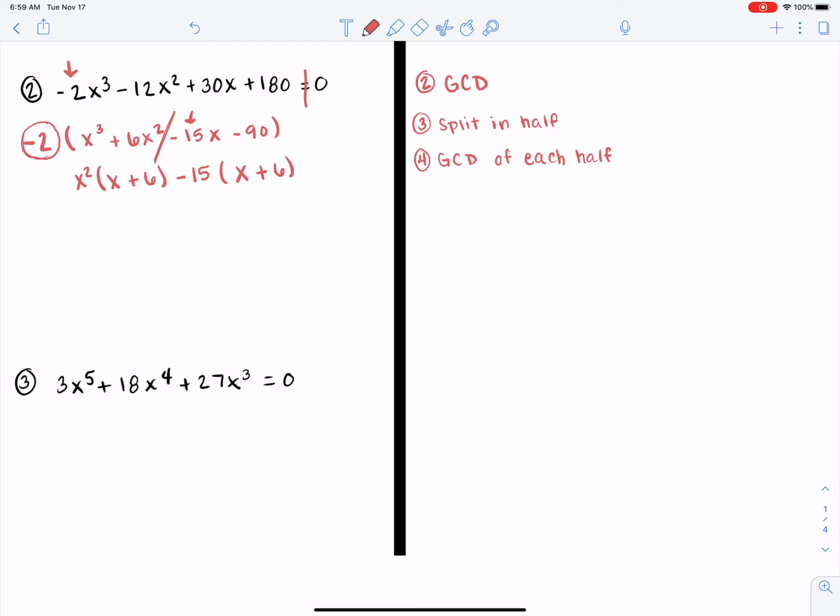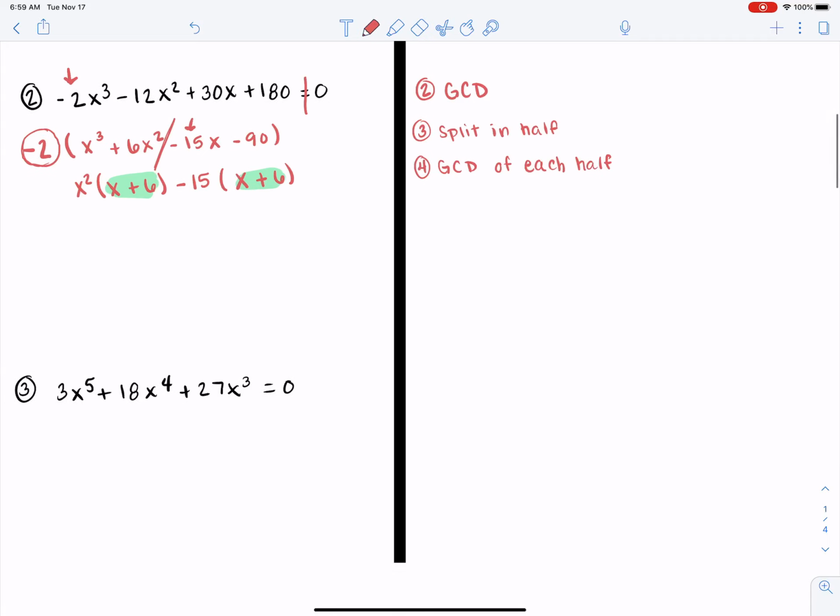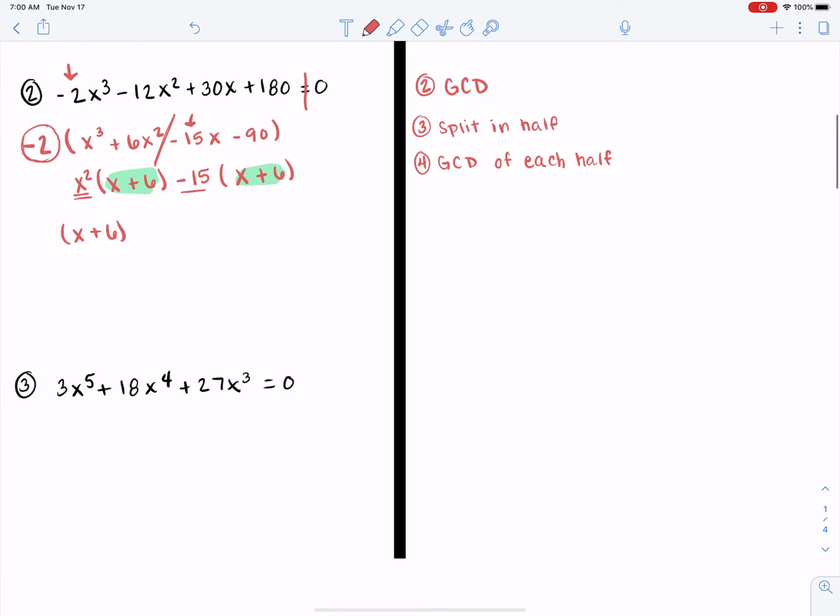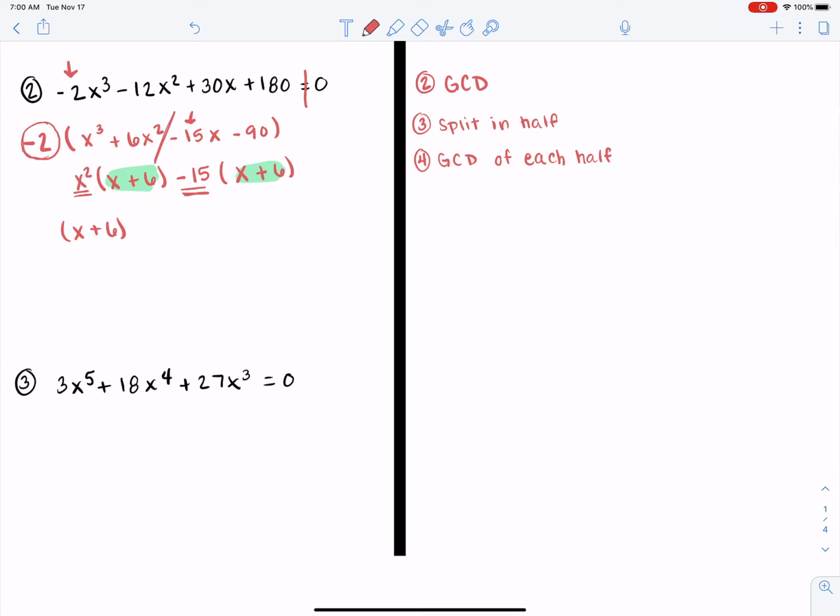Okay, now if I did it right, then my parentheses should be the same, and they are. So that's the first half, or my first factor. My second factor comes from the GCDs I took out. So after we find the GCD of each half, then we write them as factors. So x squared minus 15.